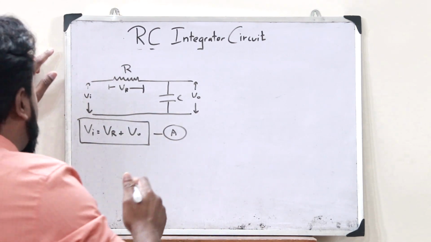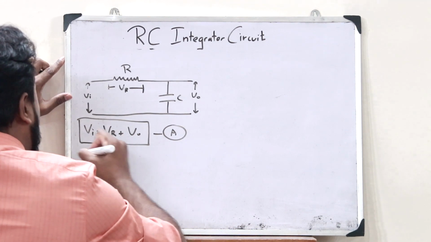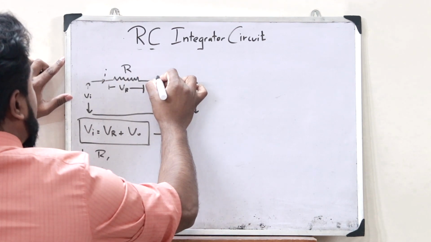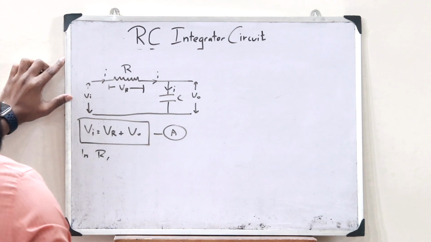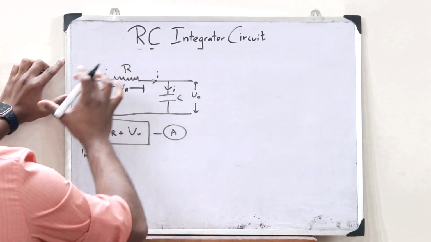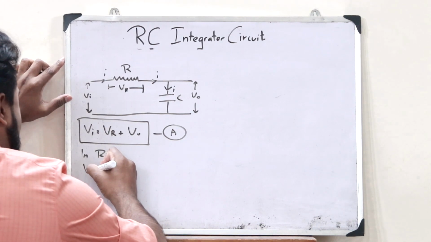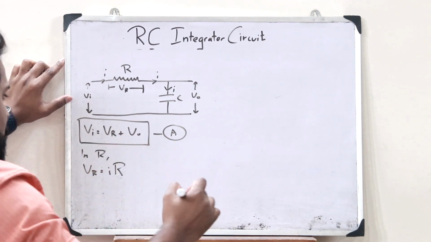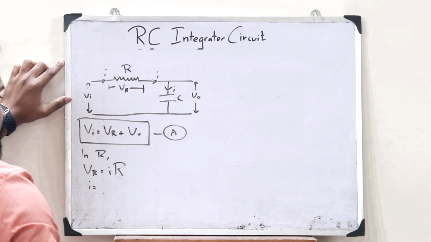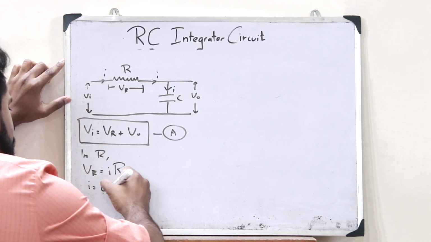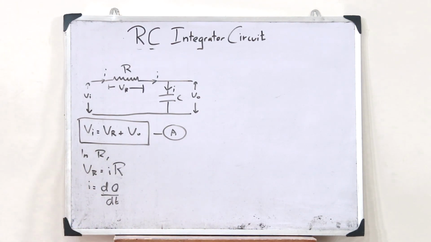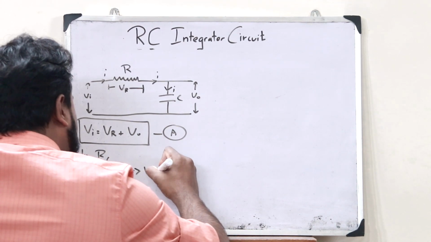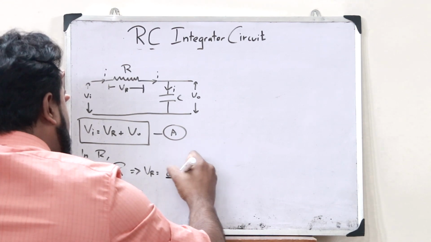Now across the resistor R, according to Ohm's law, if the current passing through this resistor is I, the same current would be passing through this capacitor. Therefore VR is equal to I times R. But we know that the current I is equal to the rate of change of charge, that is, the amount of charge flowing per unit time, I equals dq by dt.